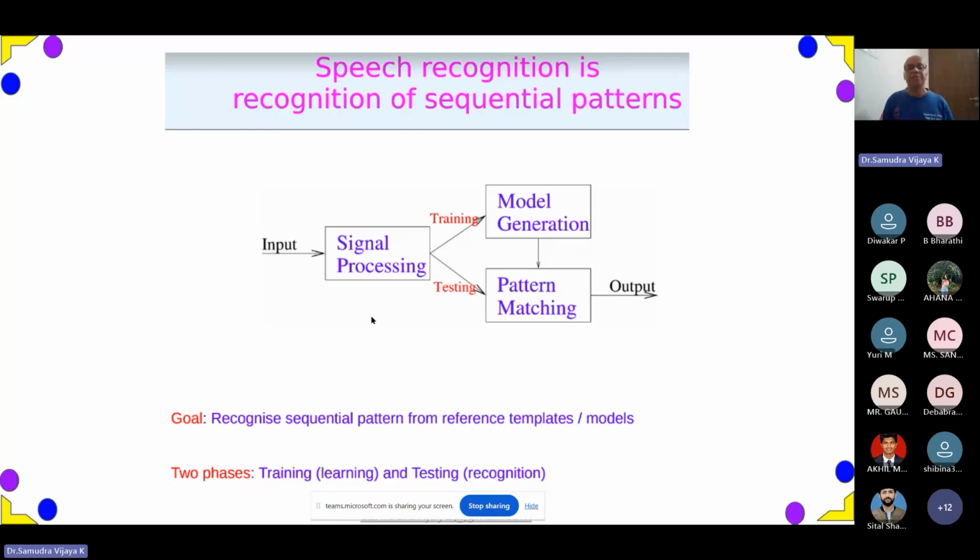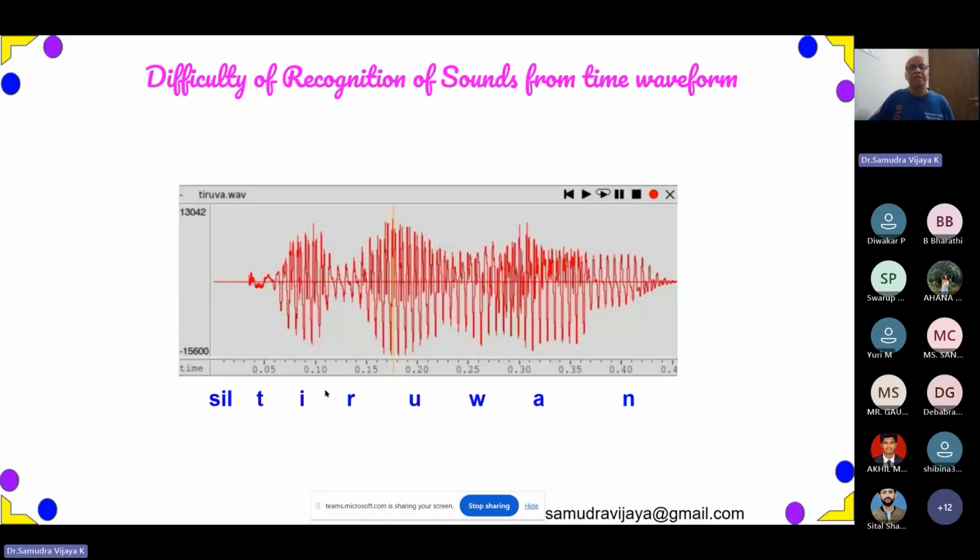Now, once the signal processing is done, the properties of various sounds are extracted.